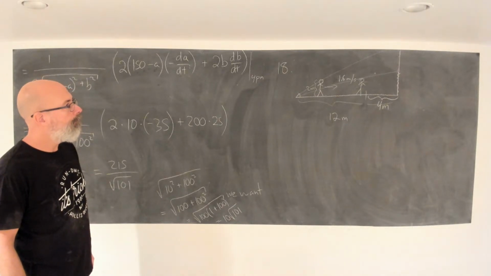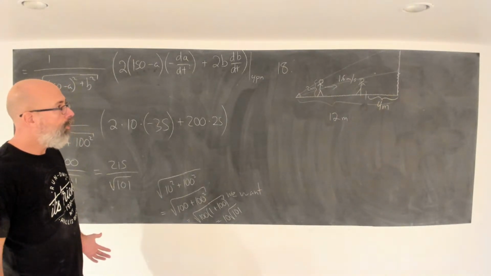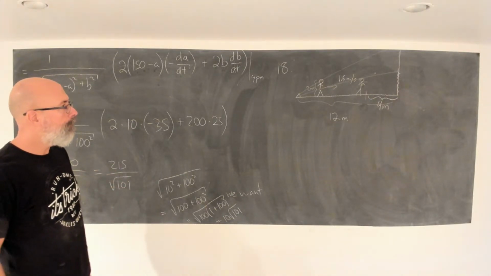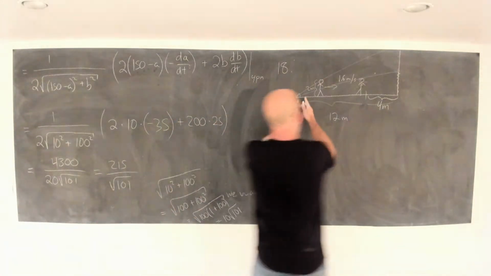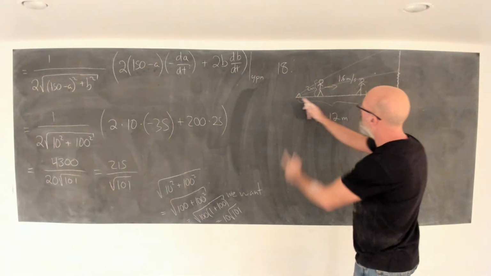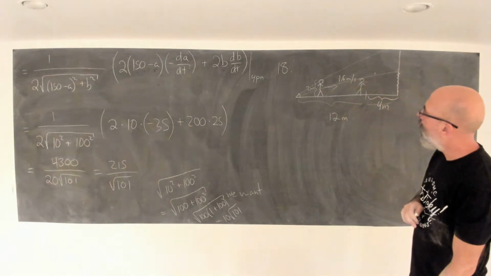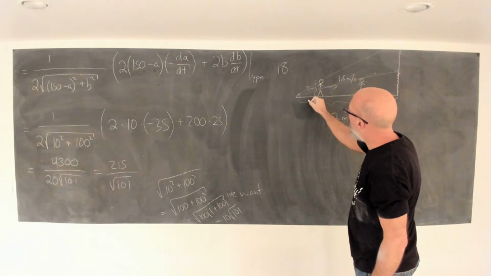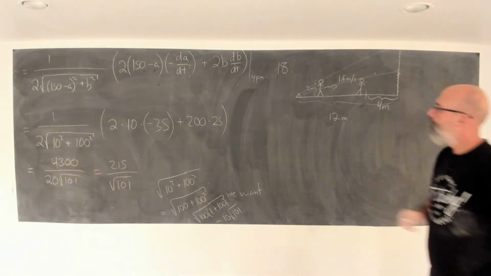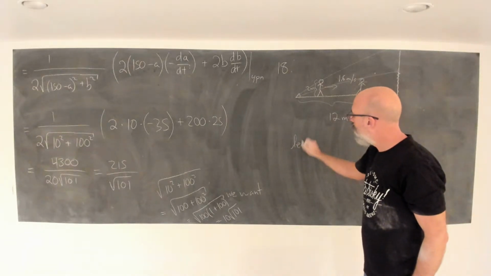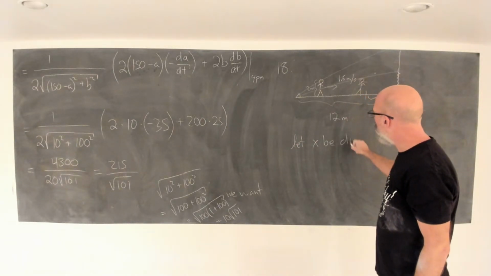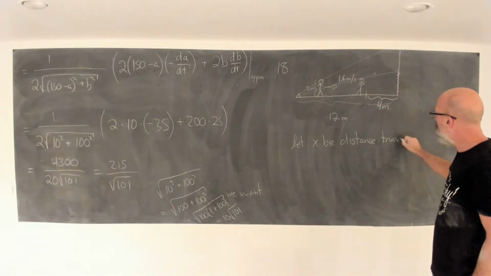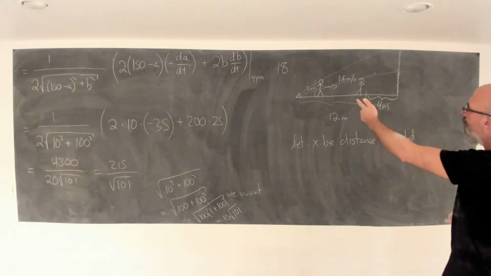All right, so let's introduce some variables. Maybe we can let x be the distance traveled by the guy. So x is how far the guy is away from the spotlight. What's given?